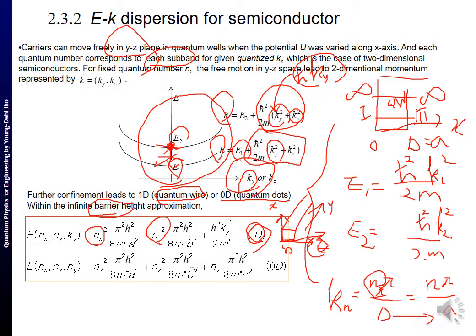So this is b, this is a. Carriers can move freely along the y-axis, so the kinetic energy of the free particle moving along the y-axis should be added this way. Okay.